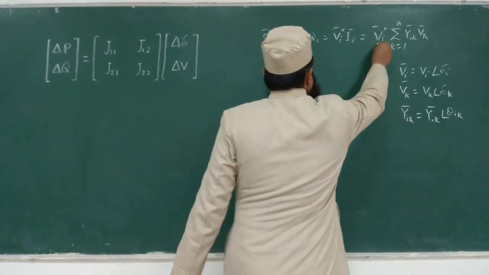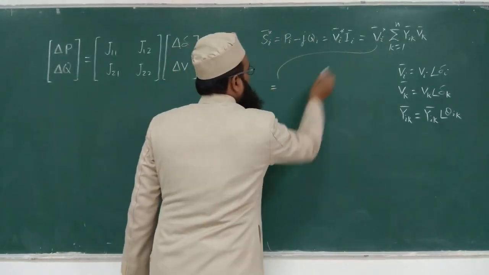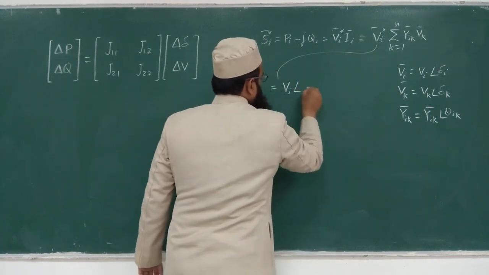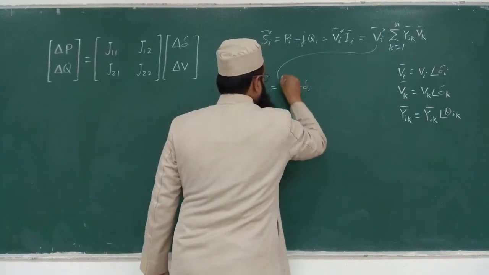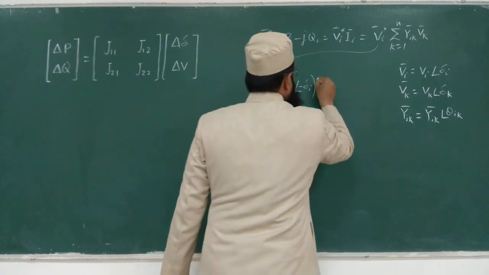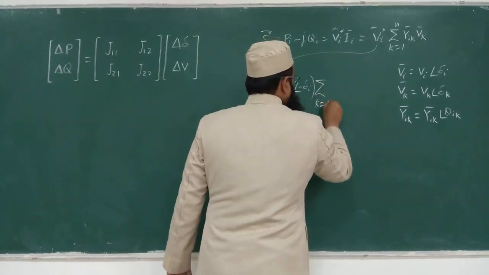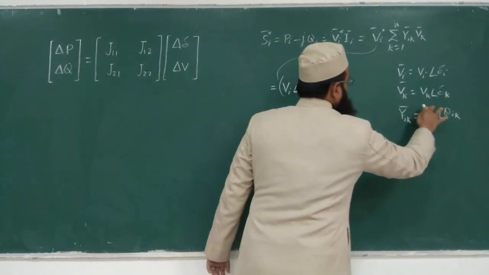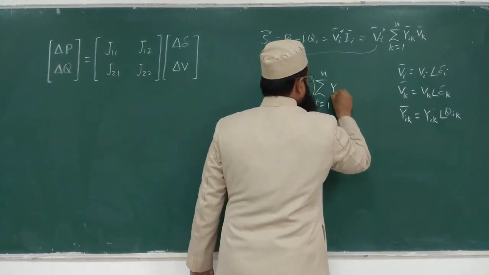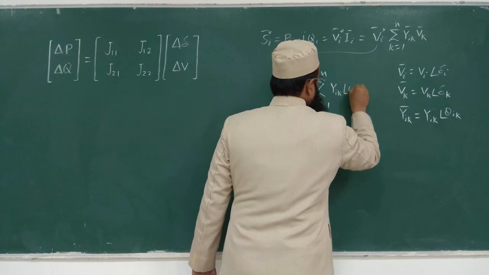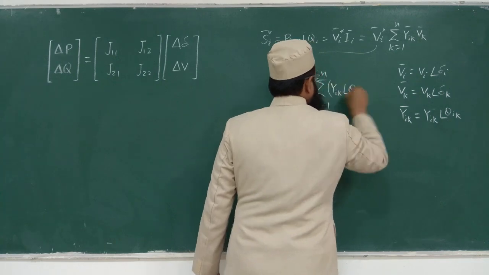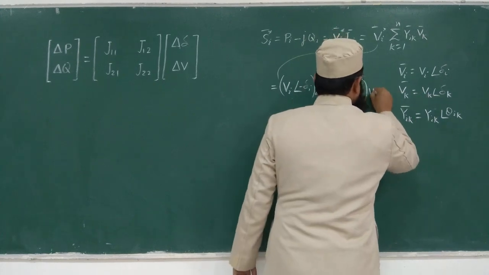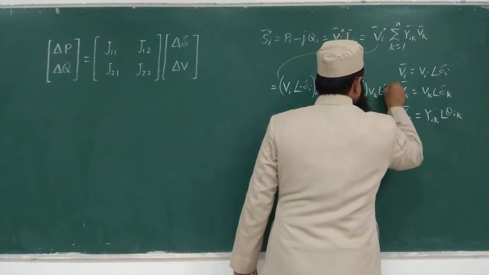So the same can be written as, Vi conjugate is there, so this will be angle minus delta i, summation k equal to 1 to n, Yik may be written as magnitude Yik angle theta ik, times Vk. So Vk is Vk angle delta k.